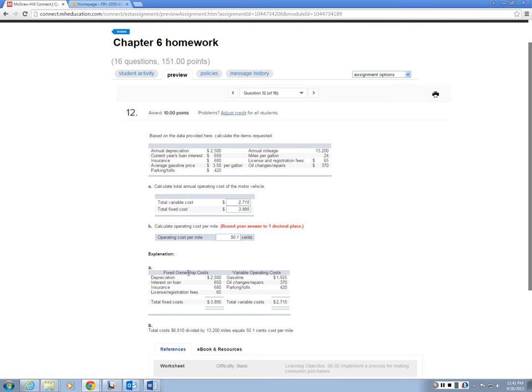And then fixed ownership, we don't forget that depreciation, and interest, insurance, and licensing. So to get that gasoline cost, all we would do is we'd say, okay, well, we've got driving 13,200 miles per year. We get 24 miles per gallon. So we divide 13,200 by 24, and then we multiply those gallons by 3.50.